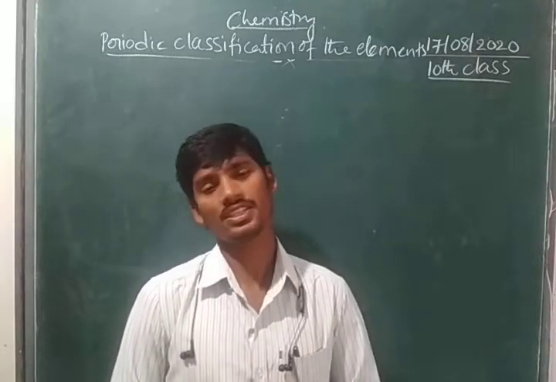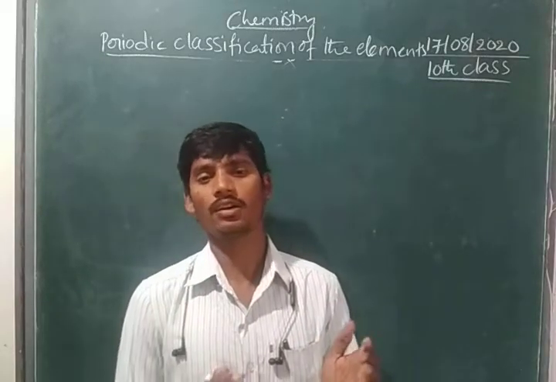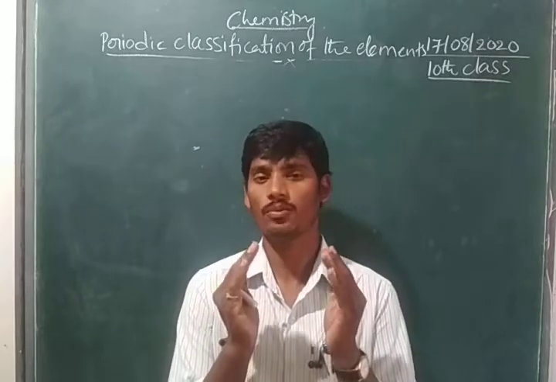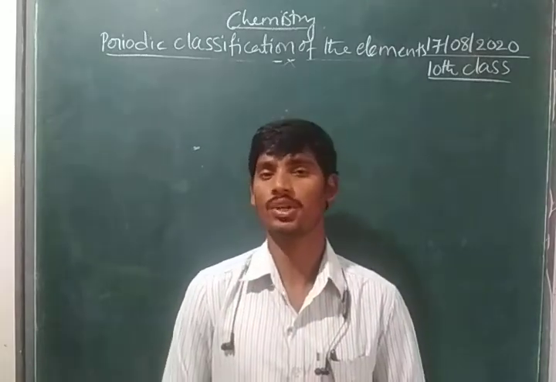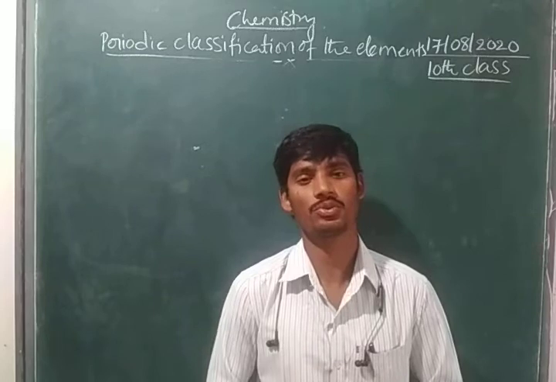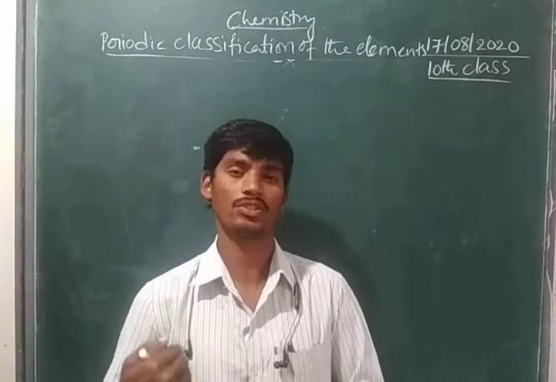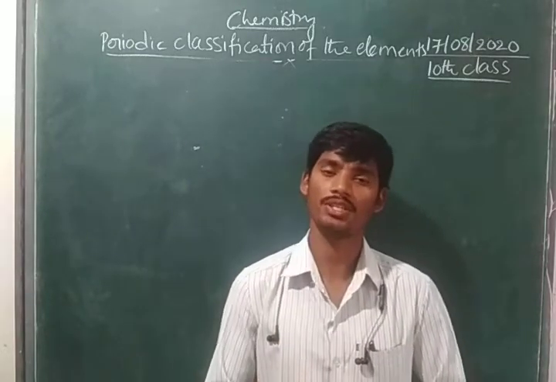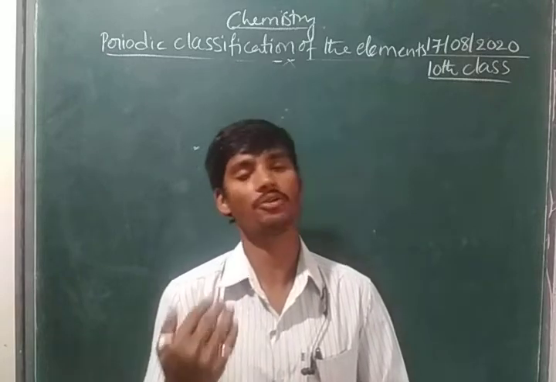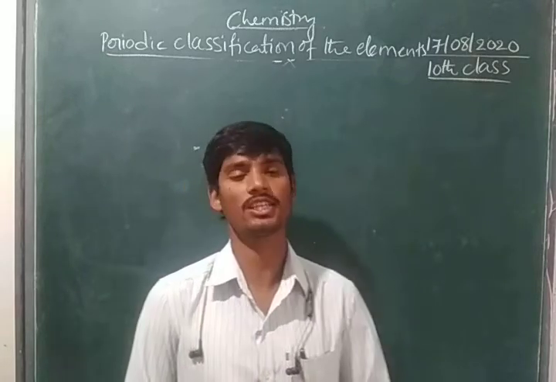When we are taking the nucleus having protons and neutrons, there is no charge for neutron, the charge for proton is considered as positive. That means the charge of the nucleus we have to consider as a positive charge.